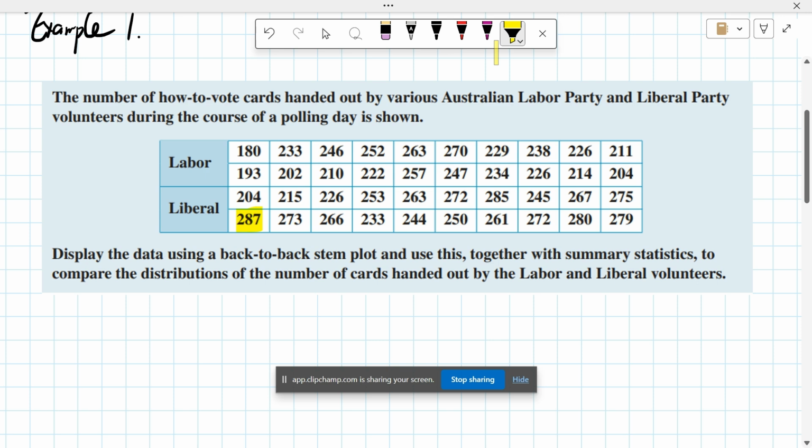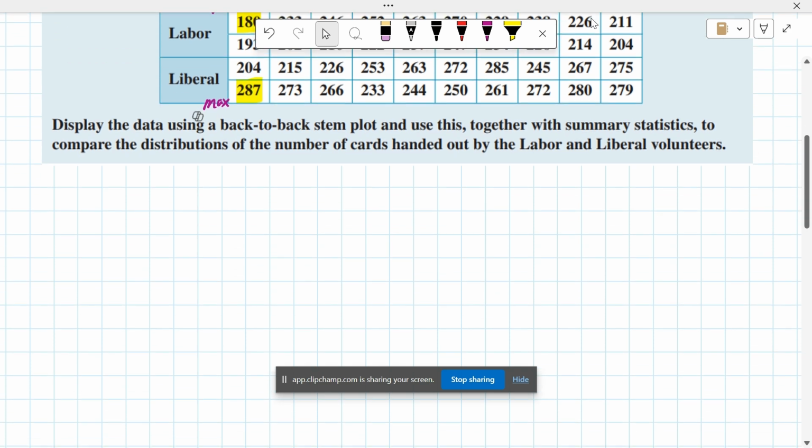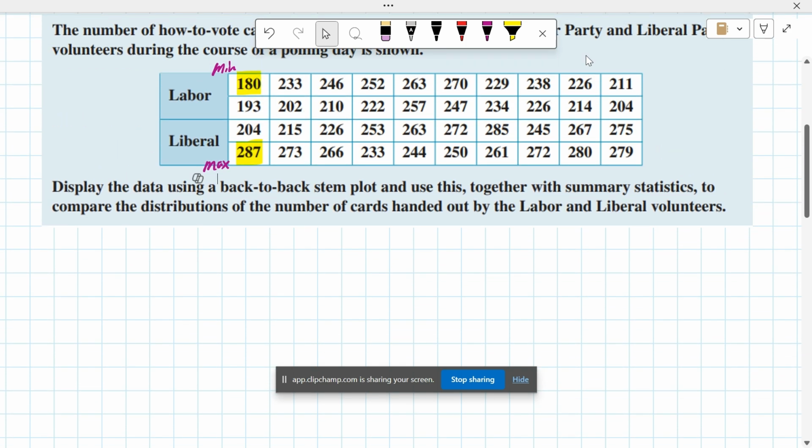And the lowest one will be 180, I think. So we find the minimum and maximum, and now it's actually very easy to finish this question. So I'm going to create these stem plots. First things first, you have to have your key. So the key will be 18 | 0 equals 180.